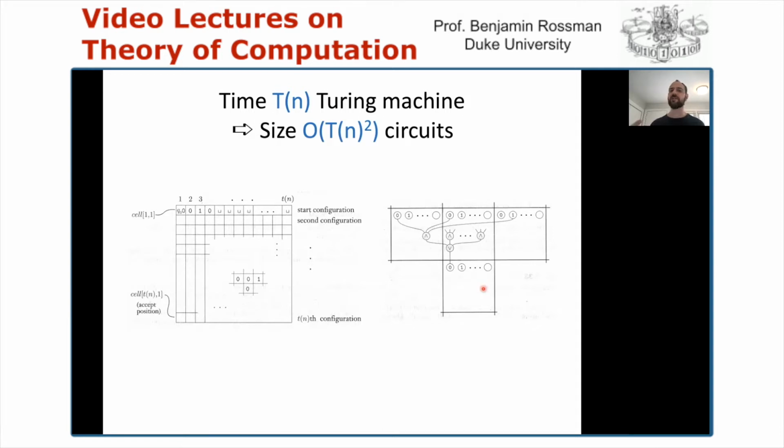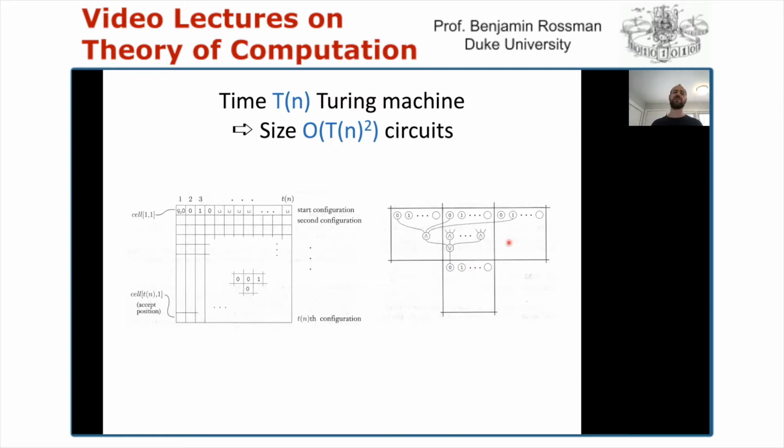In our circuit, the circuit will be divided into blocks corresponding to the cells of the tableau. Maybe at the top you have the gates representing the actual data there, and then to compute that data from the cells above, you can do this with constant size Boolean circuits.